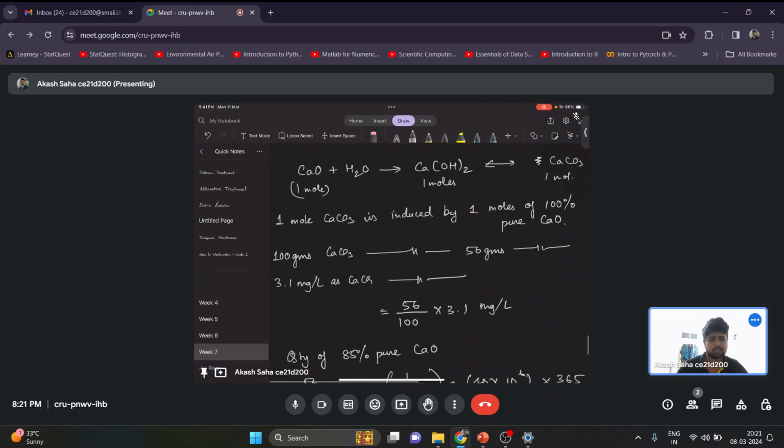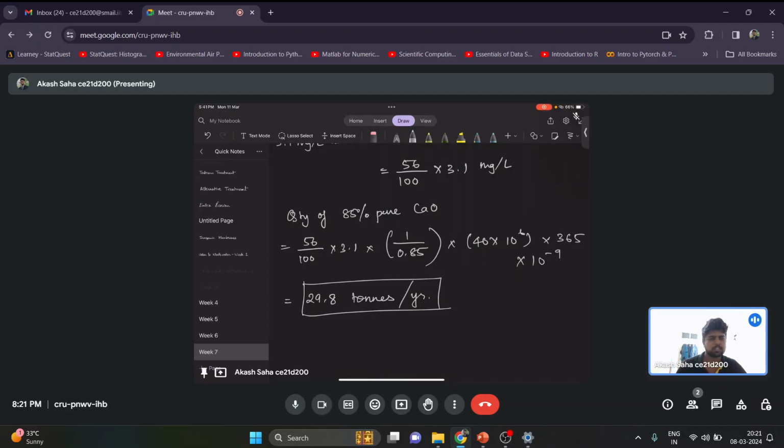Now 1 mole of CaCO3 is induced by 1 mole of pure CaO, or we can write it as 100 grams of CaCO3 is induced by 56 grams of CaO because of their molecular weight. So 3.1 will be induced by 56 by 100 into 3.1. For 85% pure, you just divide by 0.85, into the discharge, into the number of days, 365, into the unit conversion, whatever is required. So we get 29.8 tons per year.